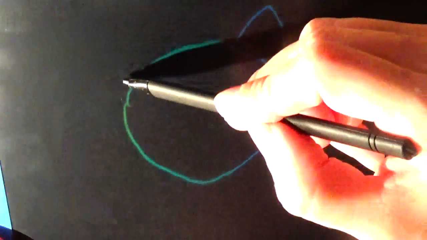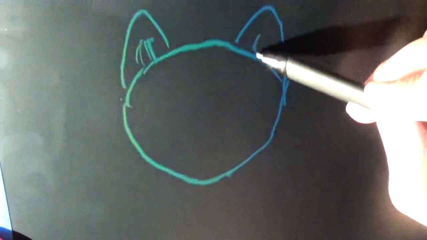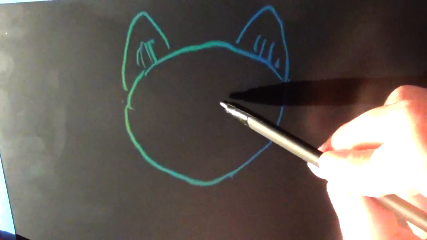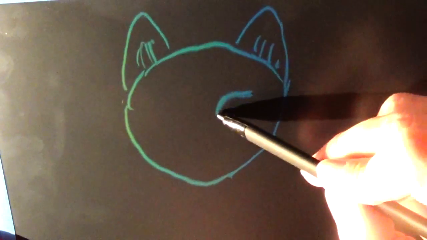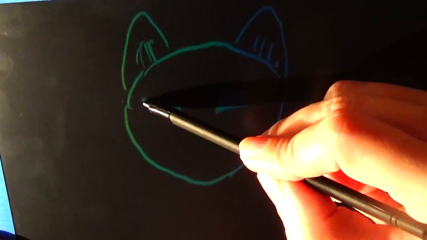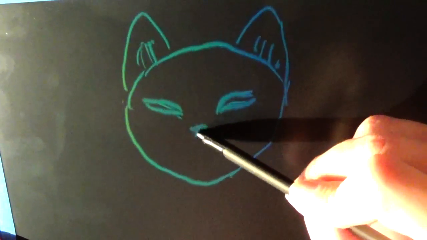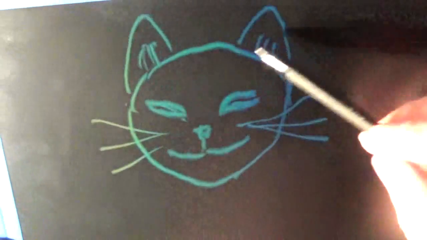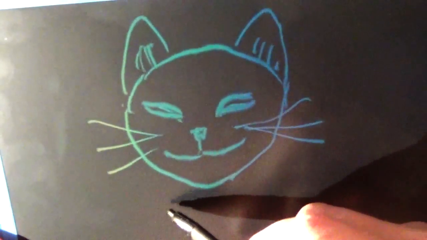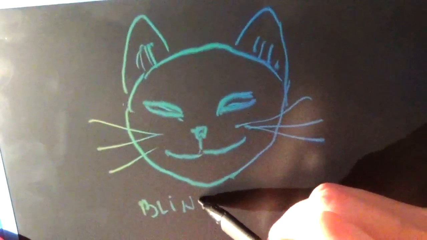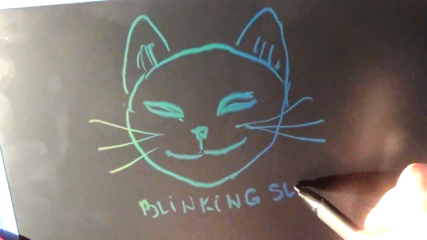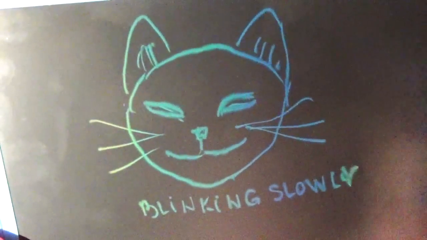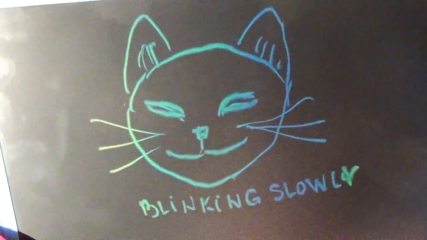Another situation is when the cat, sorry about my drawing skills, when the cat is slowly blinking, so the cat's eyes are almost closed, and the cat is blinking slowly, this shows affection.